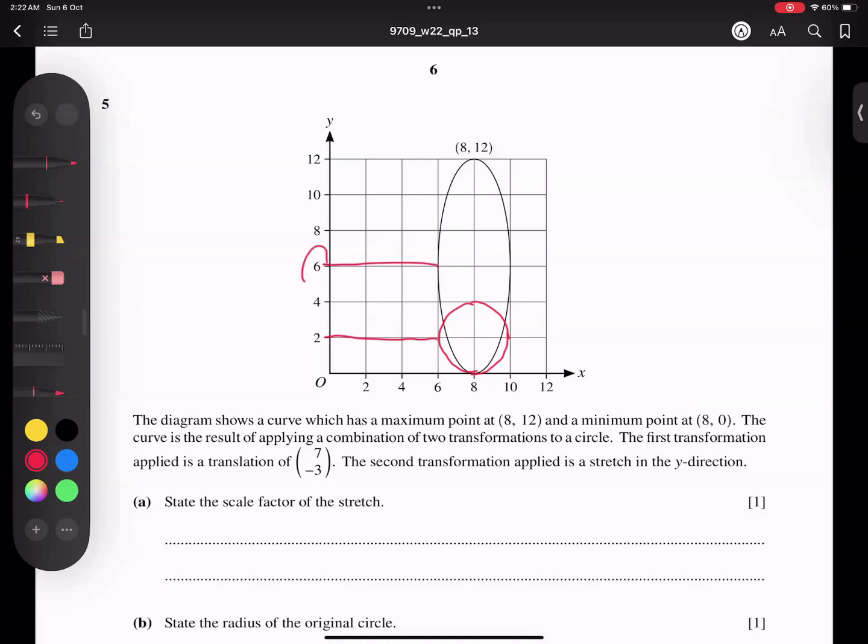How much is this? 6 by 2, we get 3. And what about this point? This is 12 and this point is 4. So 12 by 4, again 3. So we can say this circle has a stretch factor of 3. So the scale factor of the stretch is equal to 3.